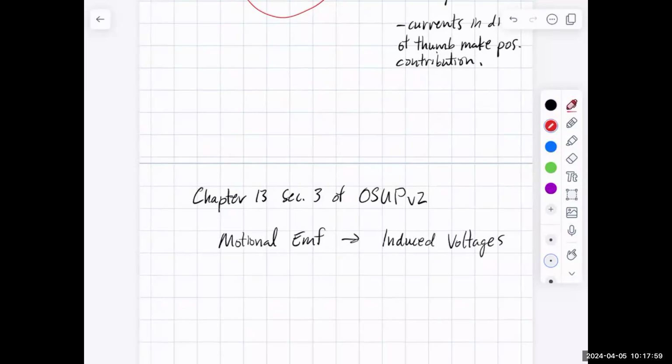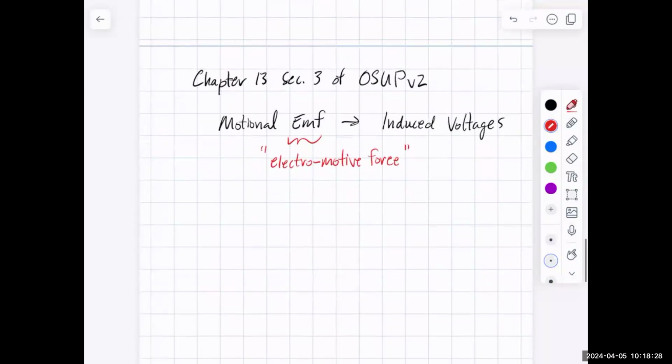What it actually means is electromotive force. It's not a great name because it's not actually a force, it's going to be a voltage that we're going to generate. But the electromotive part makes sense: we're going to use motion to make some kind of electrical, not a force, but a voltage. But anyways, that's the term we're stuck with.